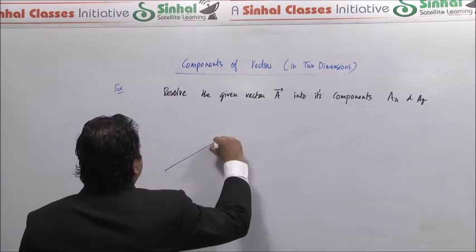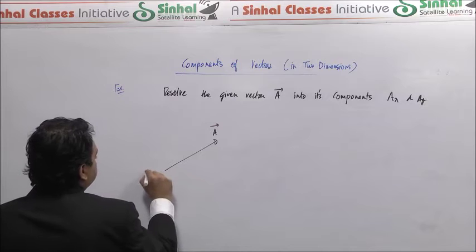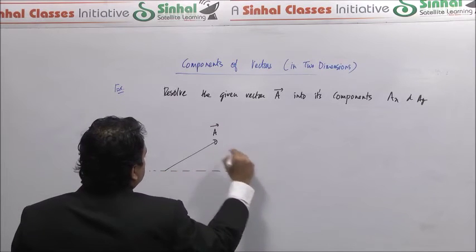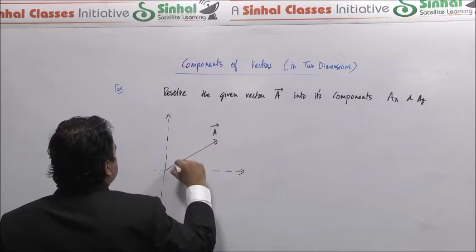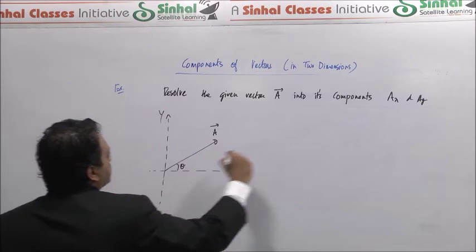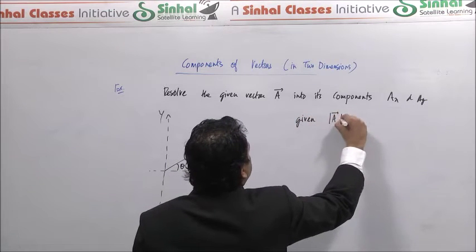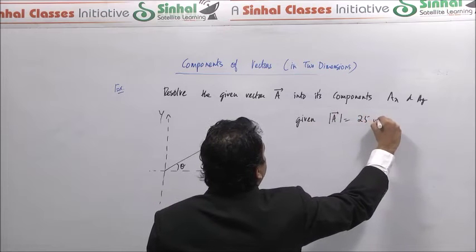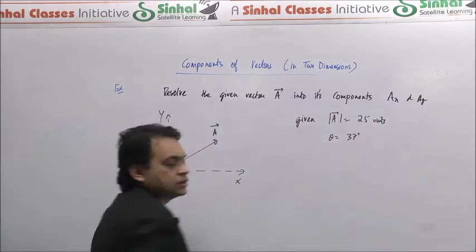So let's say we have a situation which is given like this, where the vector A is like this in the xy plane, and it is given to us that the magnitude of the vector A is, let us say, 25 units, and the angle theta is 37 degrees.